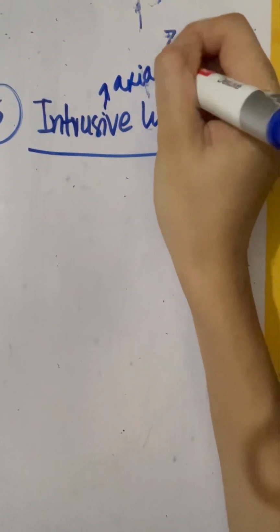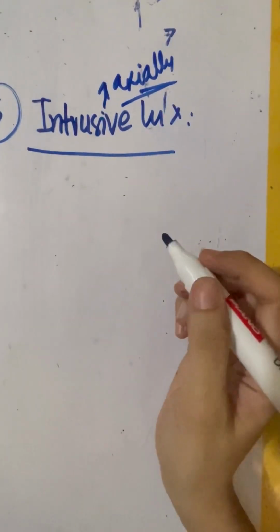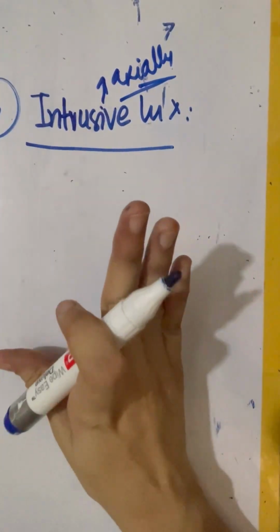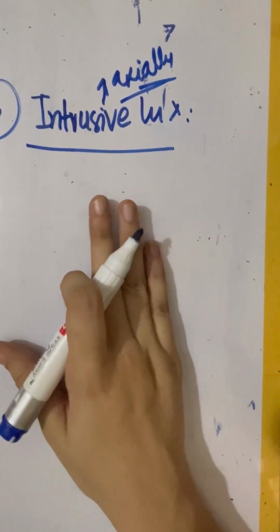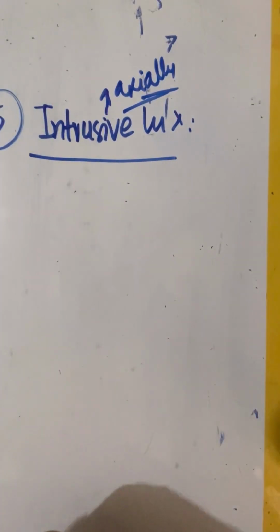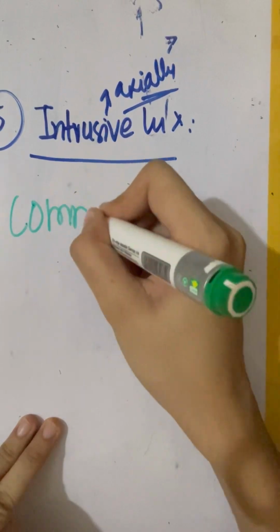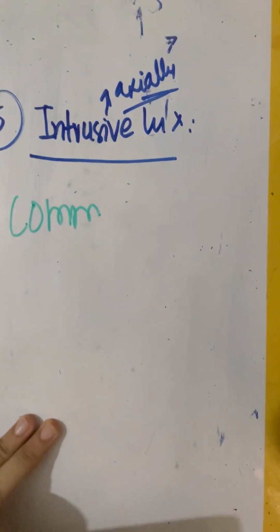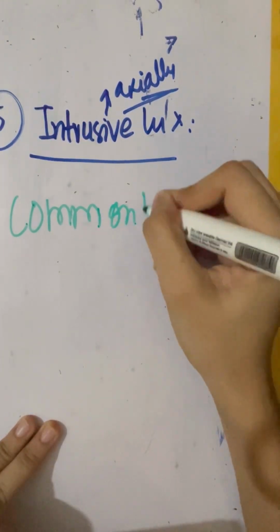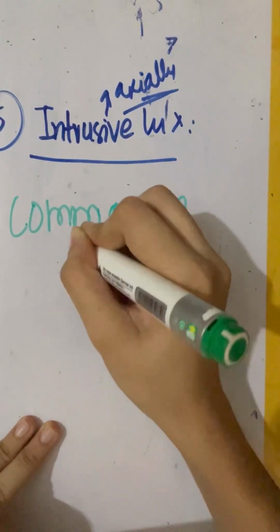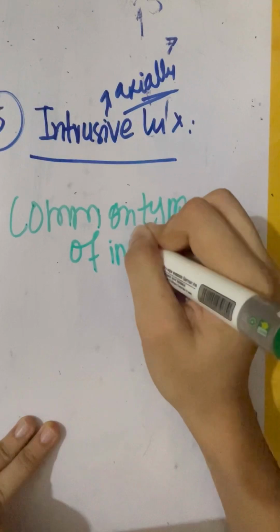It is moving inwards into the socket, into the alveolar bone. In intrusive luxation, you have to remember that it is the most common type of injury.